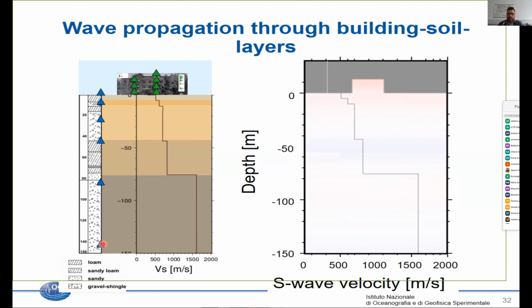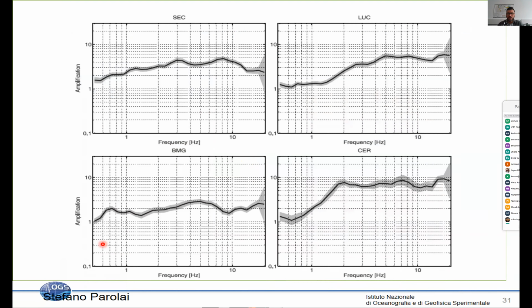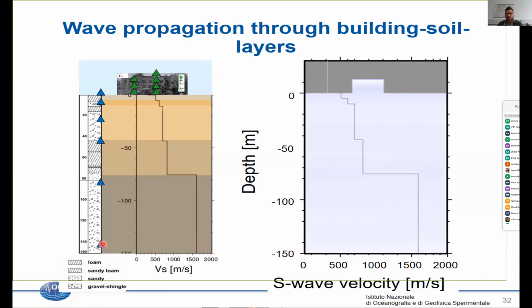But as you see here, when we have a wave arriving, due to the layering we have refraction and reflection. Just imagine also, simply, at the surface there is a reflected wave going down and affecting also the recording at the bottom. Just imagine to have a station here.